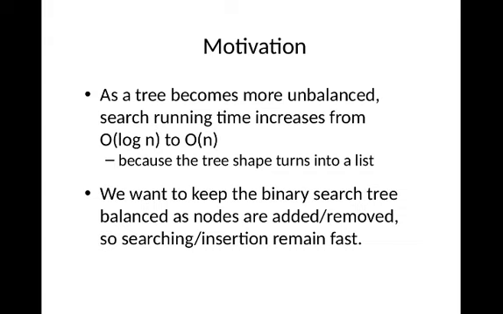Each of these operations will take order of n operations. On the other hand, if the tree is balanced, its height will be order of log n, and so will be the complexity of insert, delete, and other operations.